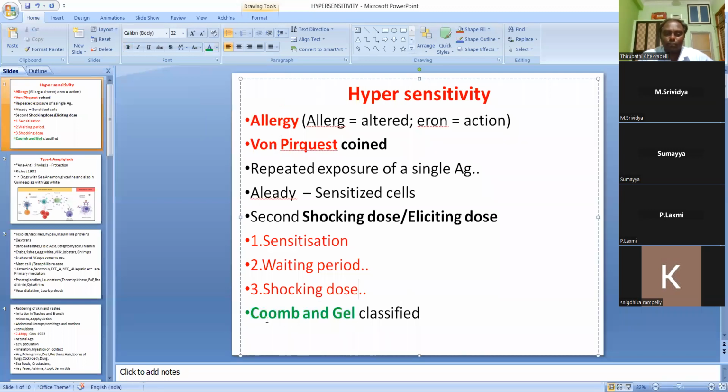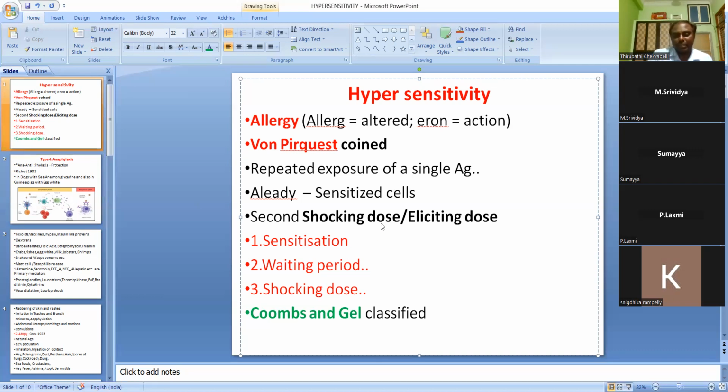These two scientists, Coombs and Gell, properly classified hypersensitivity. Earlier, hypersensitivity was divided into two types: immediate type and delayed type.